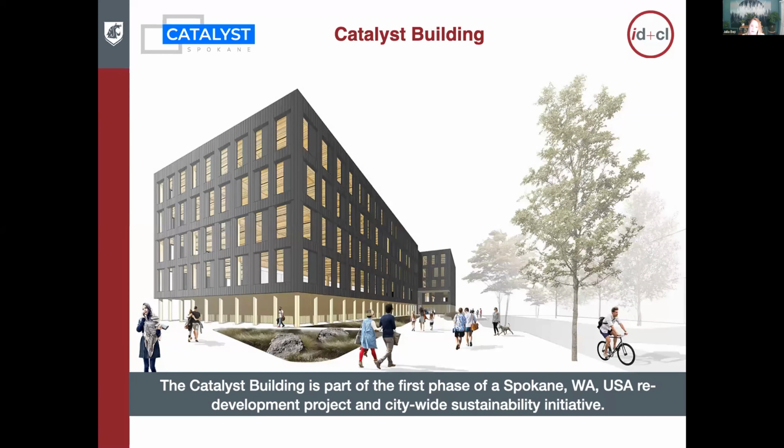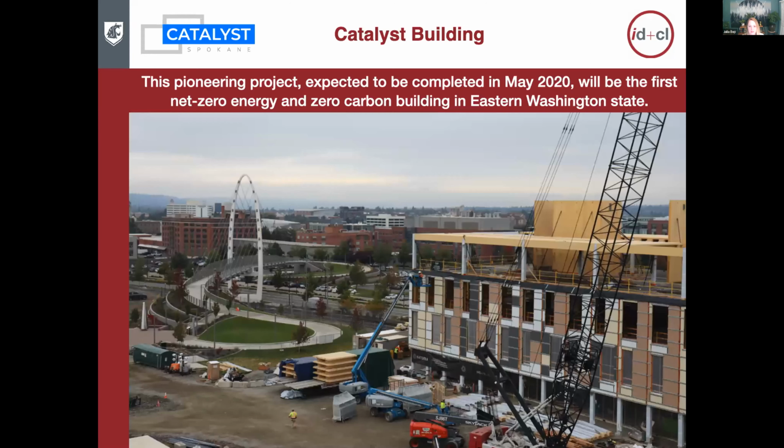So this is a rendering. The building is actually not complete yet. And it's the first phase of the full development project that will eventually connect the Catalyst building over here on the right across this new bridge that connects to the University District in Spokane. So there you can see WSU Spokane, my university.